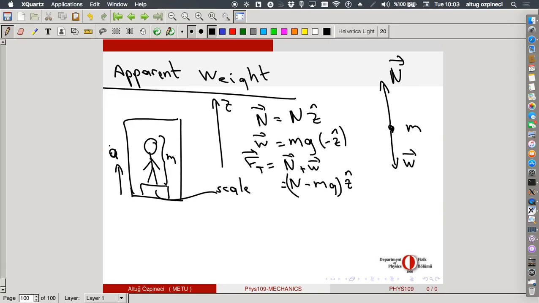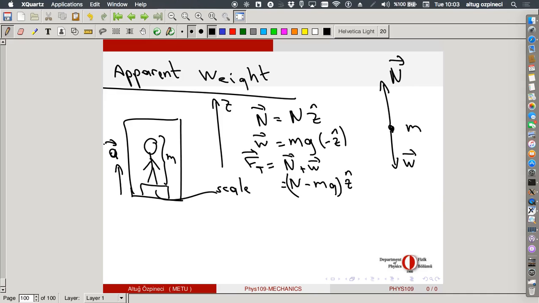And we are also told that it has a direction in the upward direction, and this is the acceleration vector. So what should be this total force? Well, the mass m is also accelerating with the elevator, unless you just crash on the ground or you start flying.